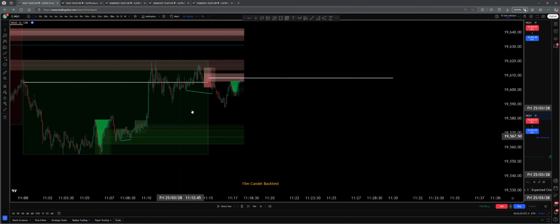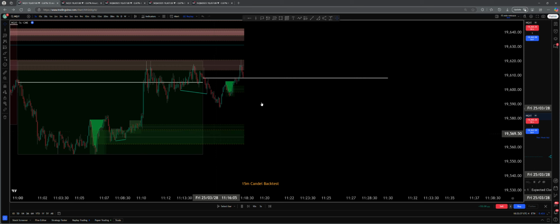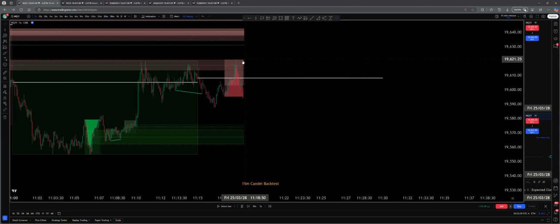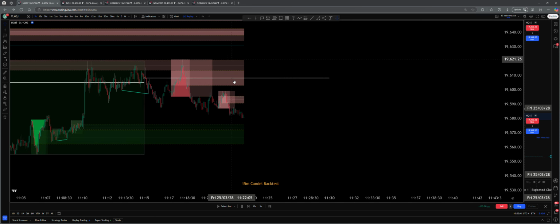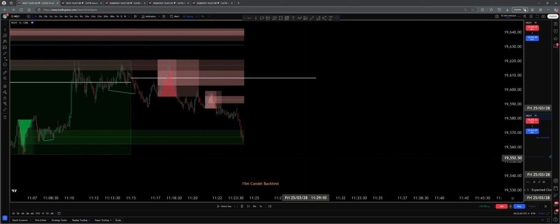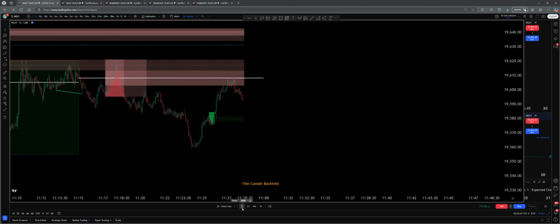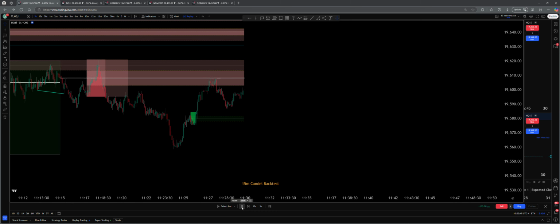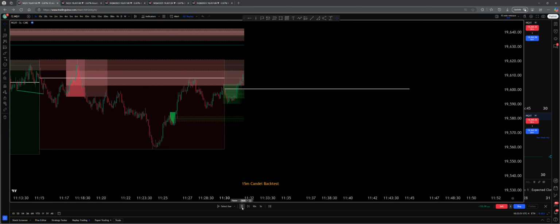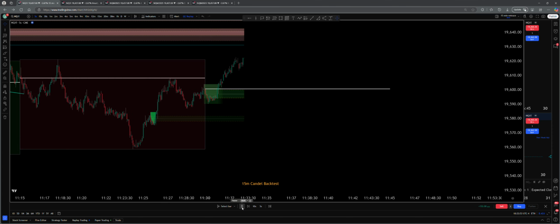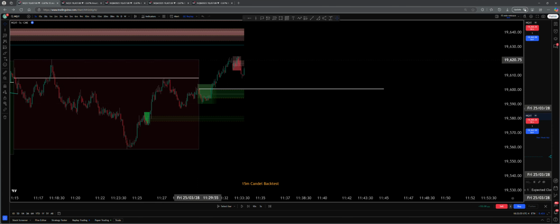All right, new 15-minute candle, waiting for the breach. And there it was. Very little wick, and then immediately came right back to open. So we're out of that. I can tell TradingView is being a little goofy. Okay, there was the breach by just a little wick.